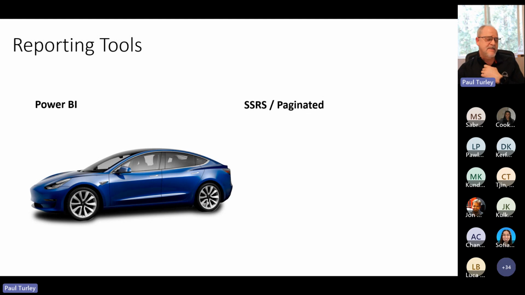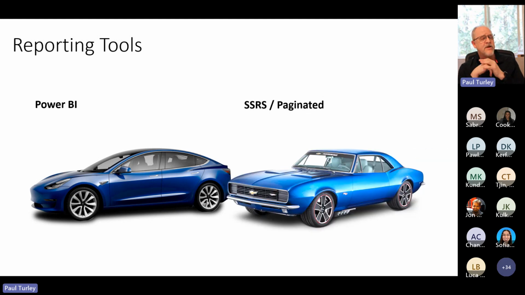And Reporting Services and paginated reports is an old muscle car. It's cool, it's big, it's heavy, it's a little kludgy in ways. It's not real good on gas, but there's a heck of a lot you can do with it because it's been around for a long time.